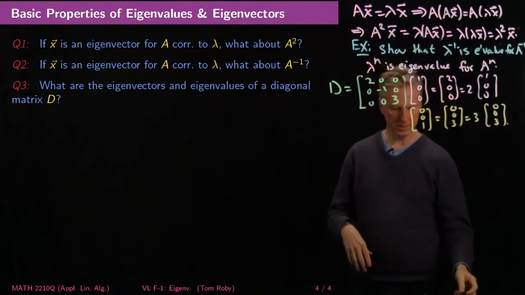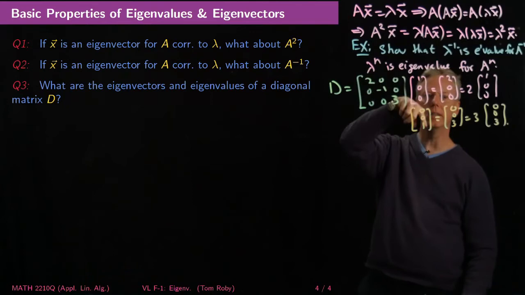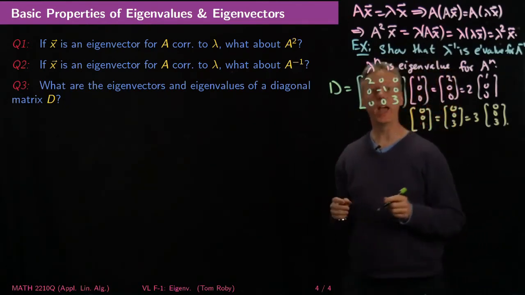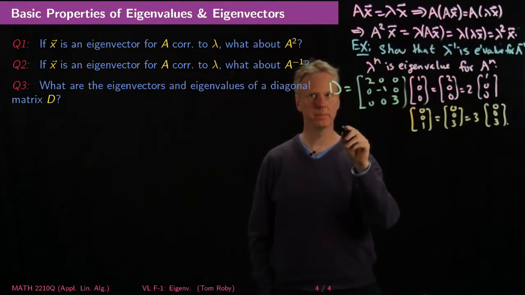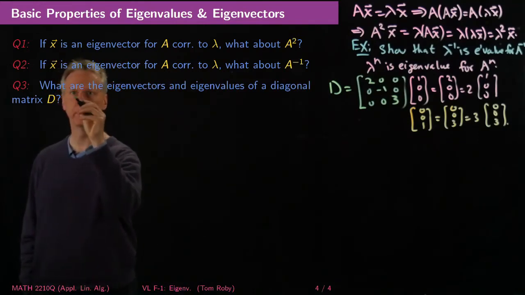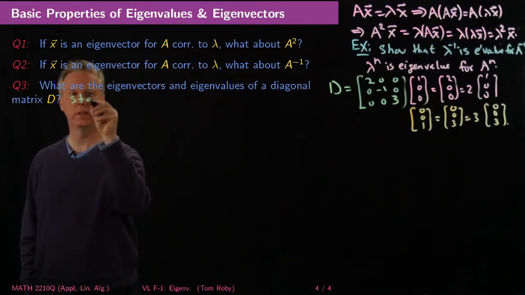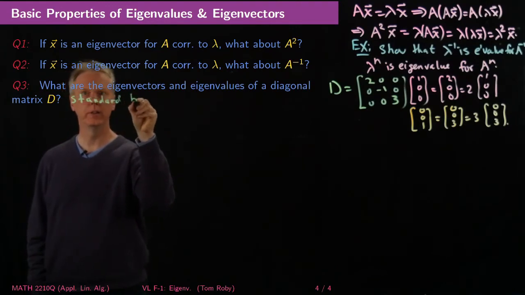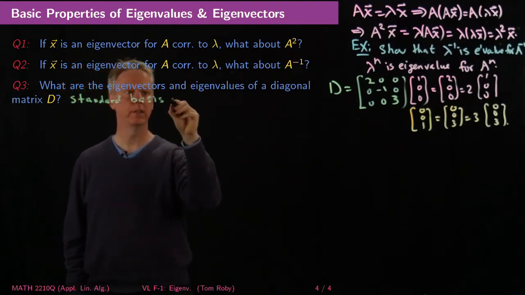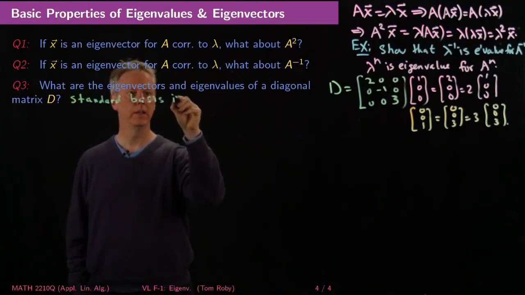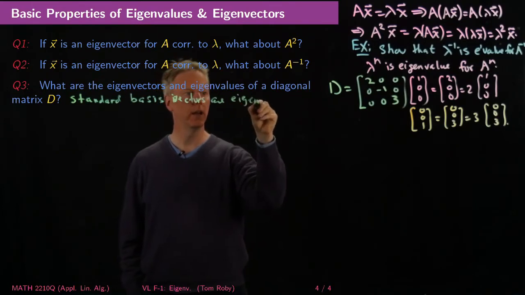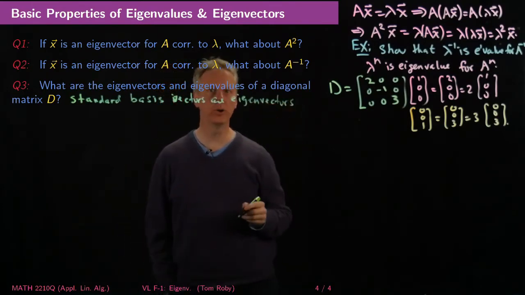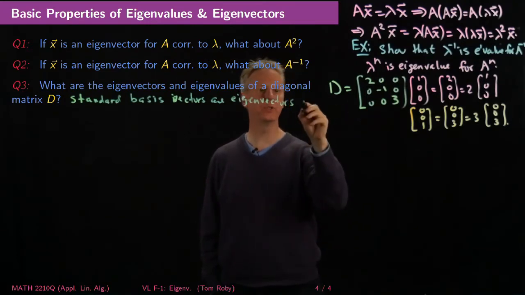And if I did (0, 1, 0), I would get the -1. So when I have a diagonal matrix, the standard basis vectors are eigenvectors, and they correspond to the diagonal entries.